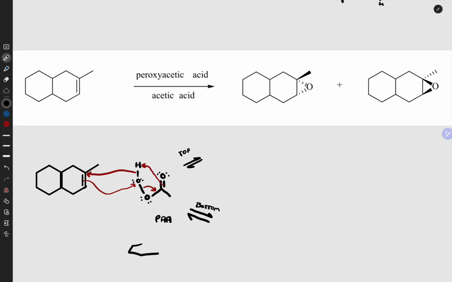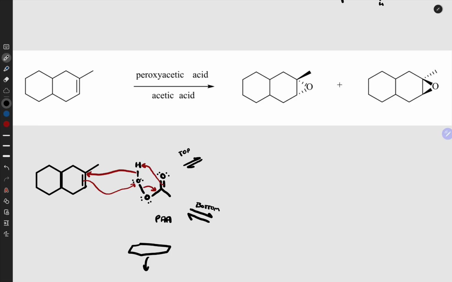If you added from the bottom, it would push the methyl group up. If you added from the top, it would push the methyl group down.